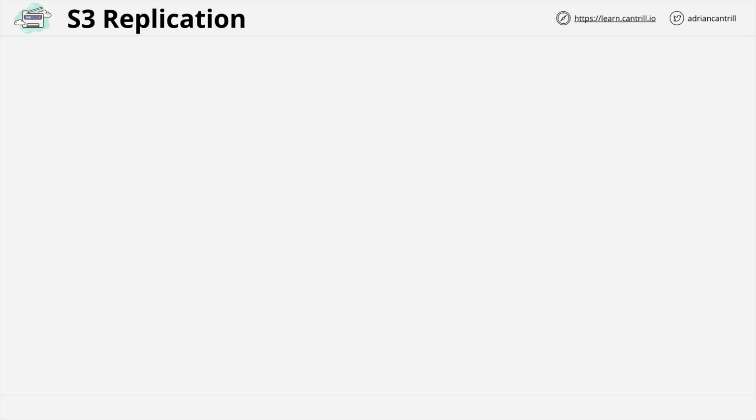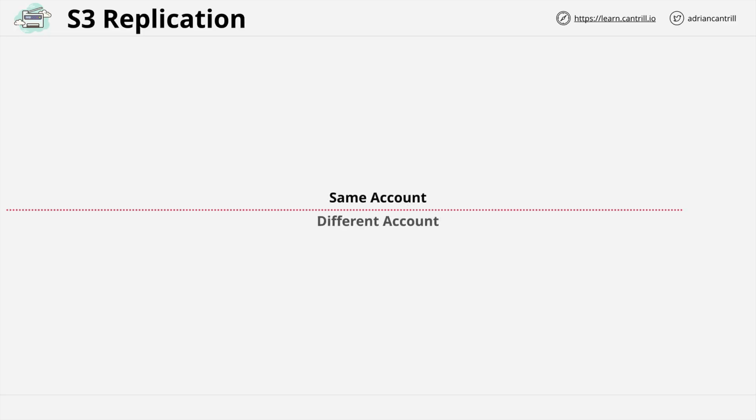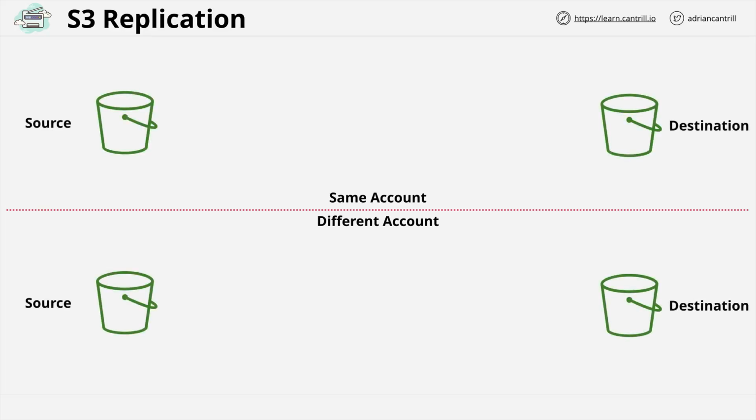Now, the architecture for both types of replication is pretty simple to understand once you've seen it visually. It only differs depending on whether the buckets are in the same AWS account or different AWS accounts. Both types of replication support both, so the buckets could be in the same or different AWS accounts.